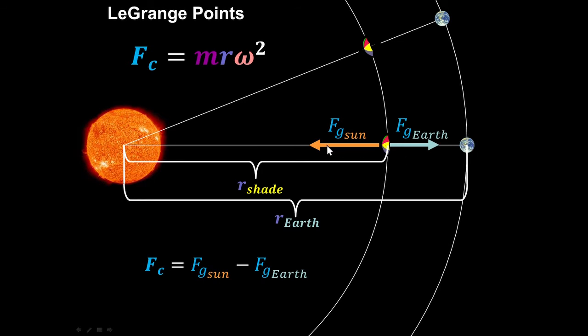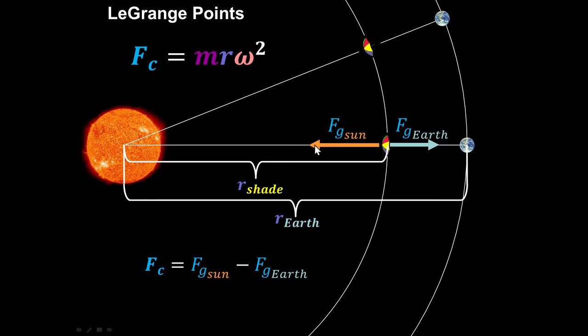So the sun is pulling the shade that way, the Earth is pulling the shade that way. Even though the sun has much more mass than the Earth, the shade would be further from the sun, so it's not much more force.